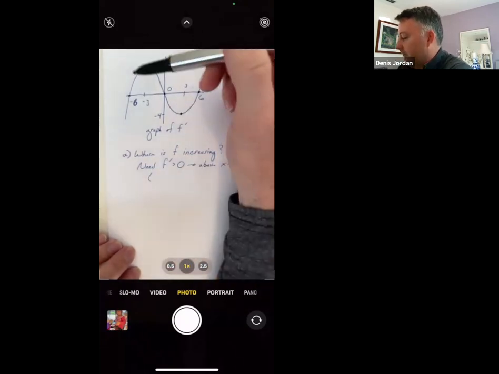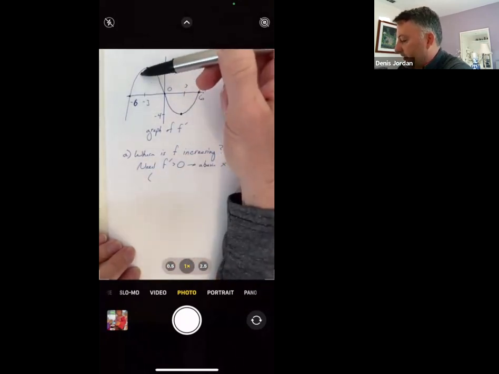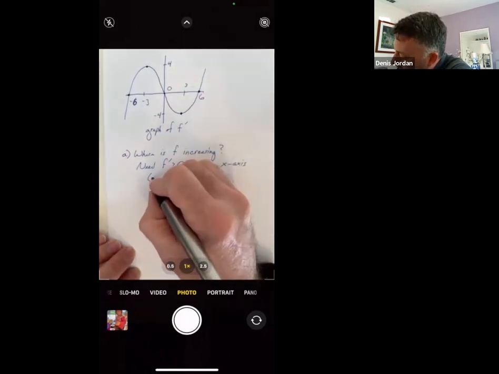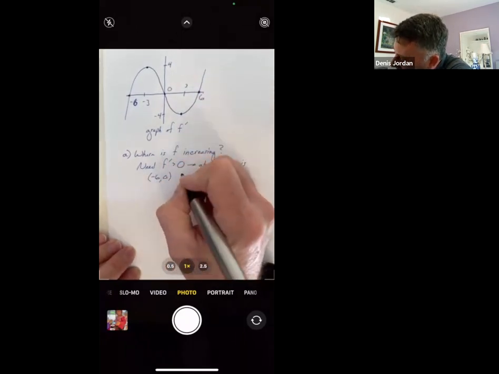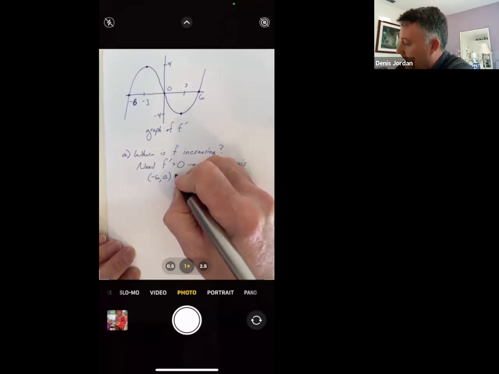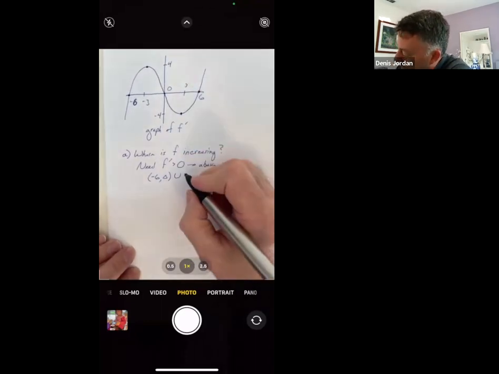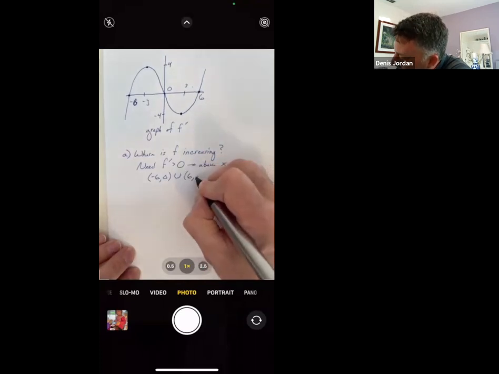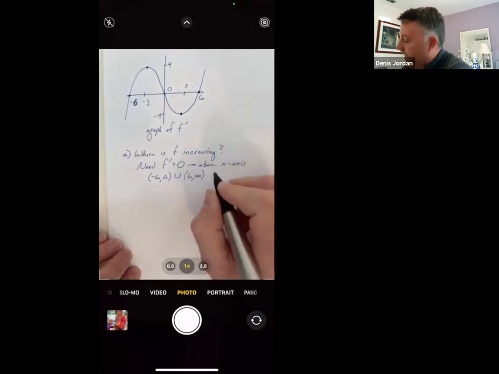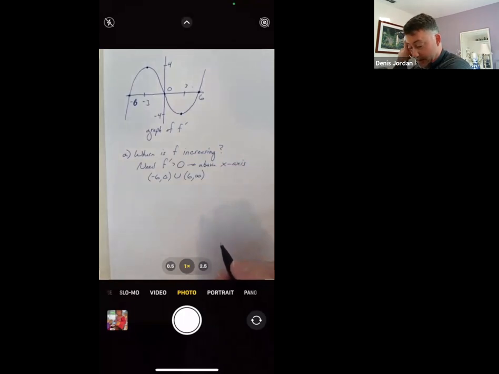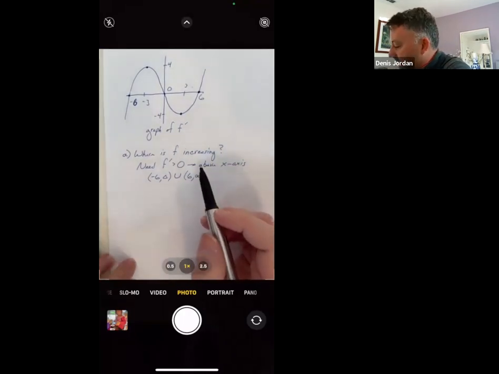That would be from x equals -6 to 0, union from 6 to infinity. And that is where f is going to be increasing.